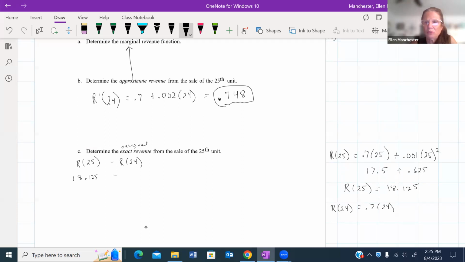So now I'm going to plug in 24 into the original. So 24 squared times 0.001. And then 0.7 times 24. So my revenue at 24 products is 17.376.